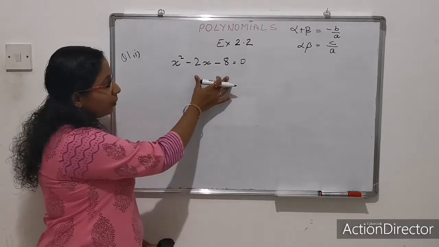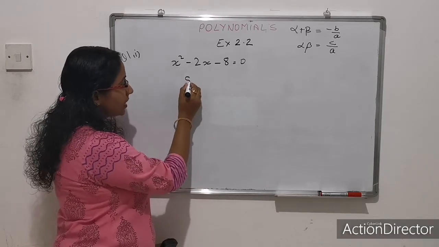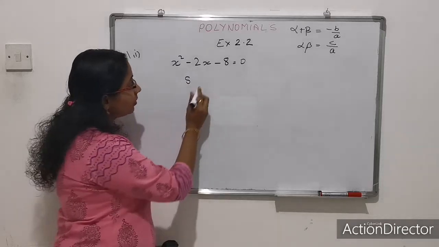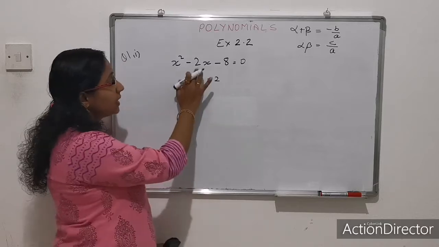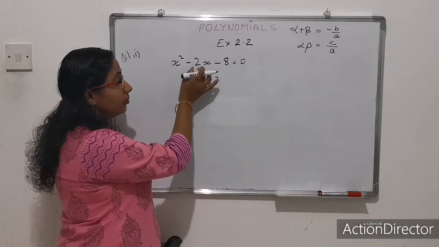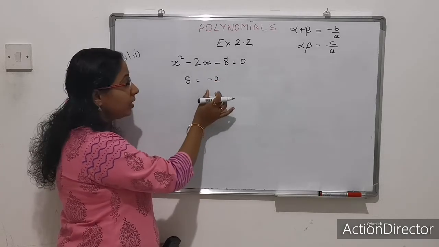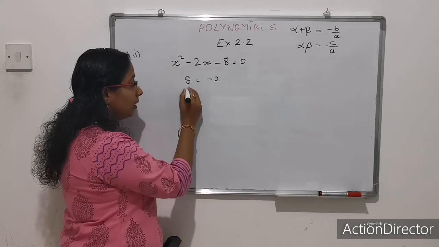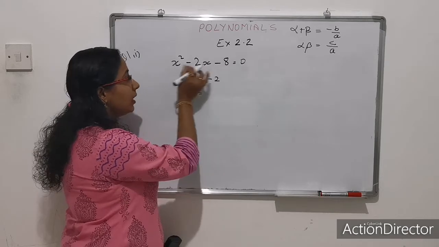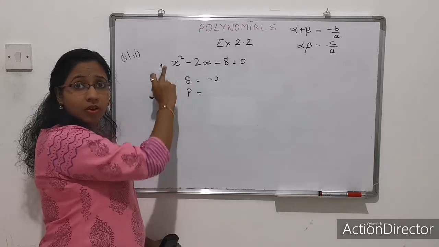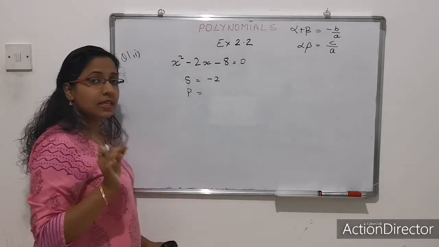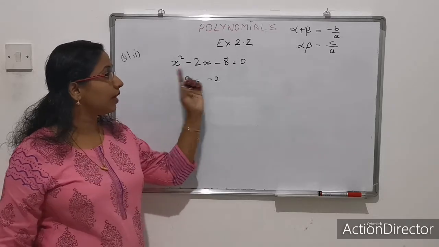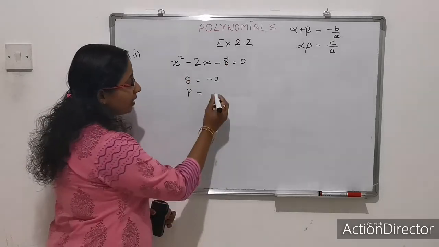In middle term splitting, S, that is the sum of the terms, is denoted as minus b. Okay, this will be the sum, and p is equals to a into c. Here a is 1, so it is only minus 8.